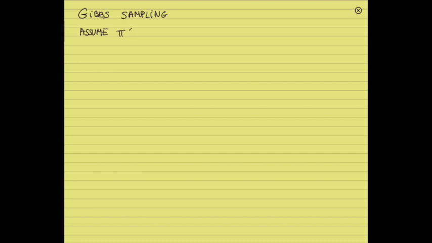To explain this idea, we need to have a target distribution pi on a multivariate state space where x can be decomposed into blocks x1, x2. They could be univariate or multivariate, but we're just labeling two sets of components, x1 and x2.